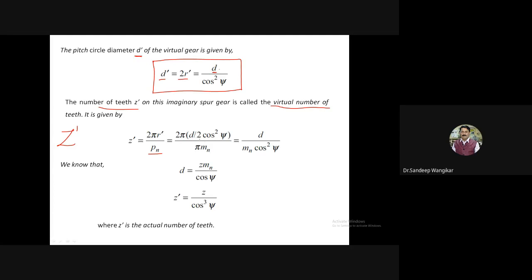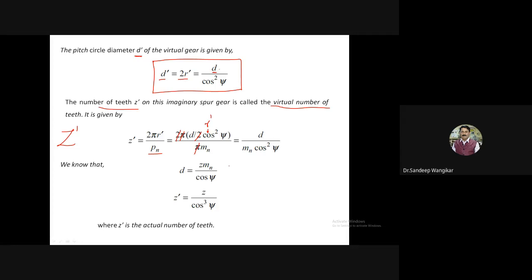Here d divided by 2 cos square psi is the value which I have substituted for r dash, divided by Pn, which is nothing but pi into mn, the value for the circular pitch. Then you can see clearly that pi will get cancelled, this d by 2 and this 2 will get cancelled, and you will get d divided by mn cos square psi.